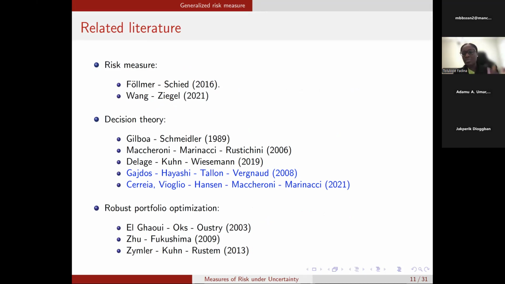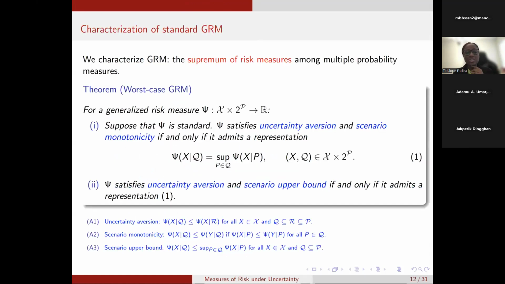Our work can be extended to this framework, but I'm not going to talk about that in this presentation because of time. And these are the works on robust portfolio optimization. For example, this paper by Ekaro et al. talks about worst case value at risk, and the one by Zhu and Fukushima talks about worst case expected shortfall. But their framework is more like a special case of ours, because in their framework model uncertainty is introduced as an exogenous object, not like ours, where it is endogenous.